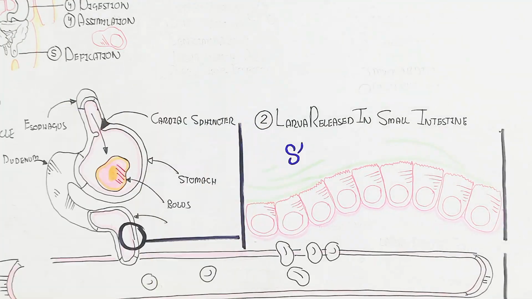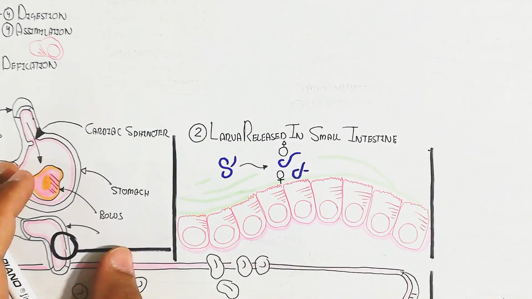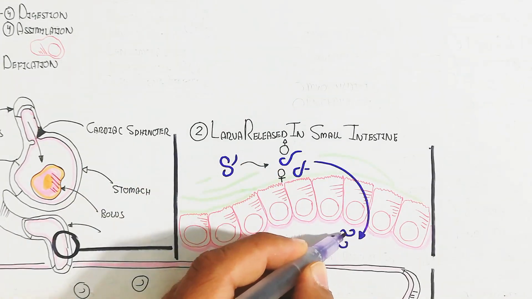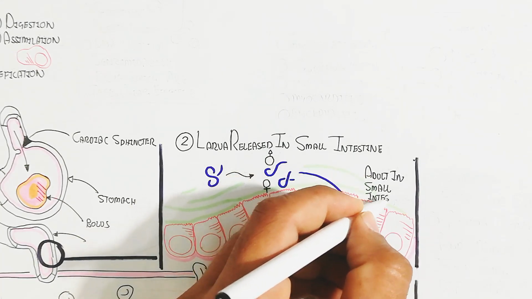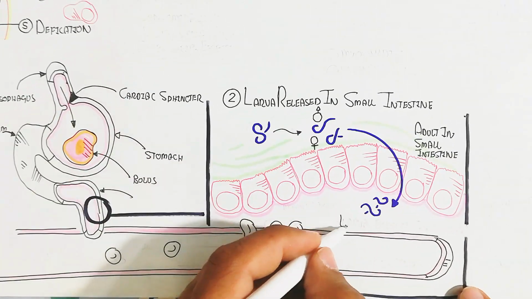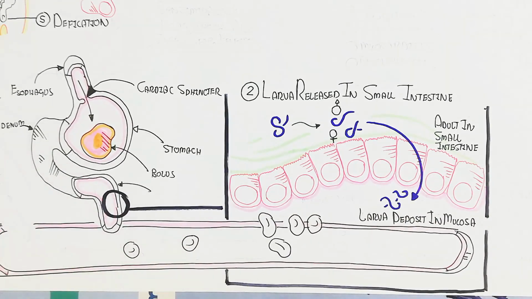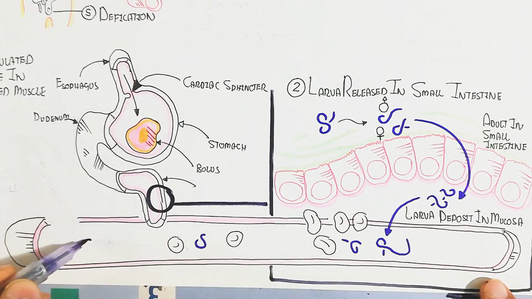Larvae are released in the small intestine and grow into male and female adults there, and ultimately the larvae are deposited in the mucosa. After depositing in the mucus layer, they go through the muscularis interna, which leads them to enter the blood circulatory system and circulate.